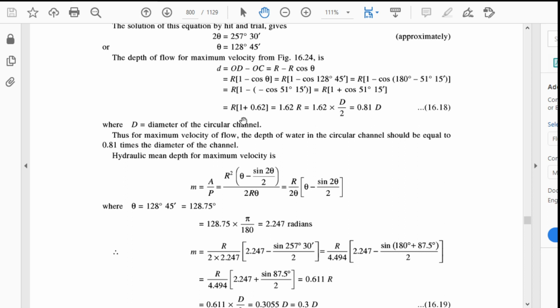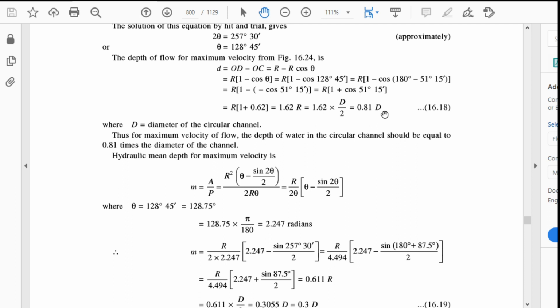You will get the value of d, that is depth, as 0.81 times the diameter of that open channel. That means the depth of flow for maximum velocity in a circular channel should be equal to 0.81 times the diameter of the channel.